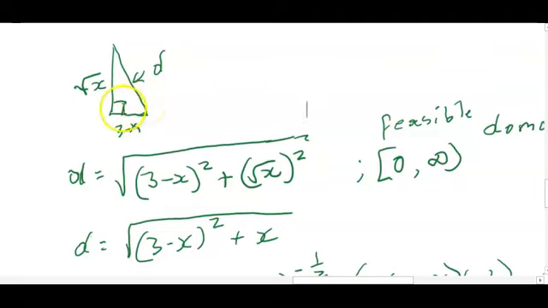By the Pythagorean theorem, the hypotenuse squared will be equal to the sum of the legs squared. So D will be equal to the square root of (3 minus x) all squared plus (radical x) all squared. Our feasible domain on a square root function will be 0, included, to infinity.